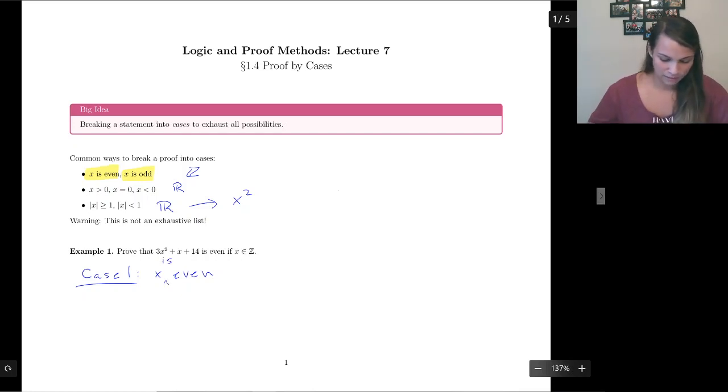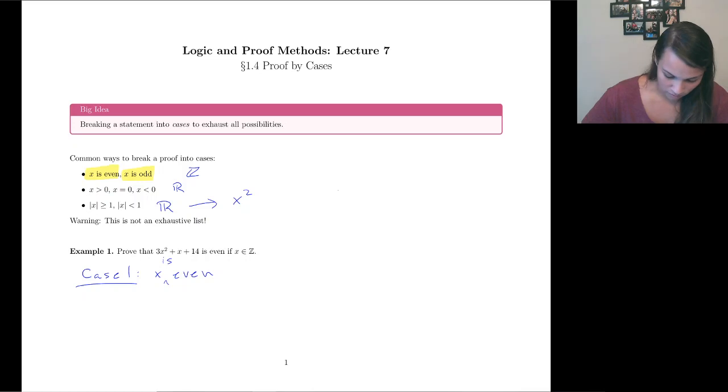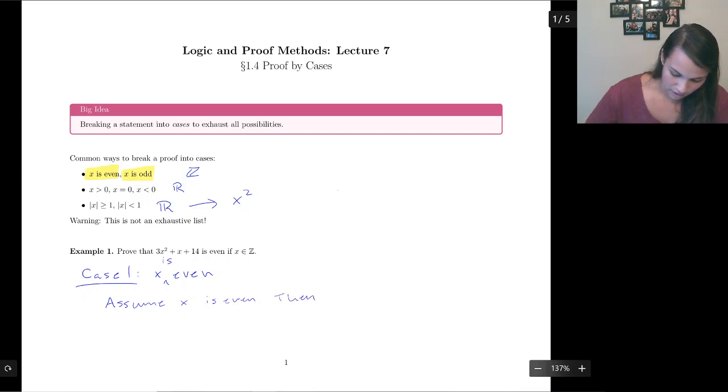So if x is even, we can start off with: assume x is even. Then there exists an integer k such that x is equal to 2 times k.